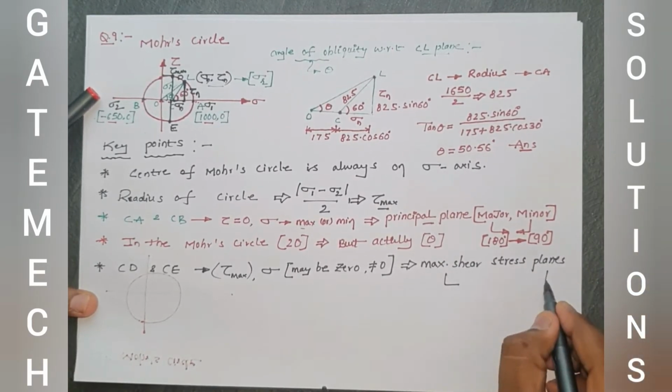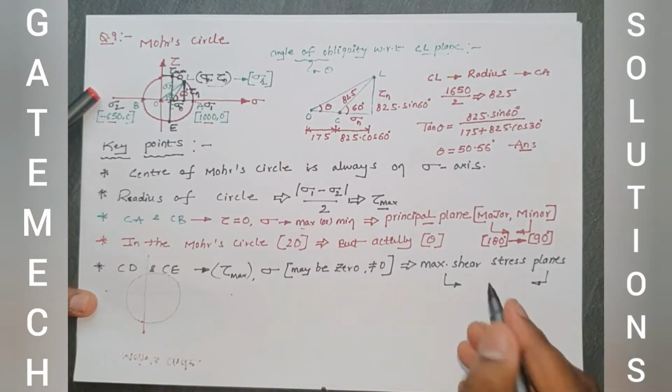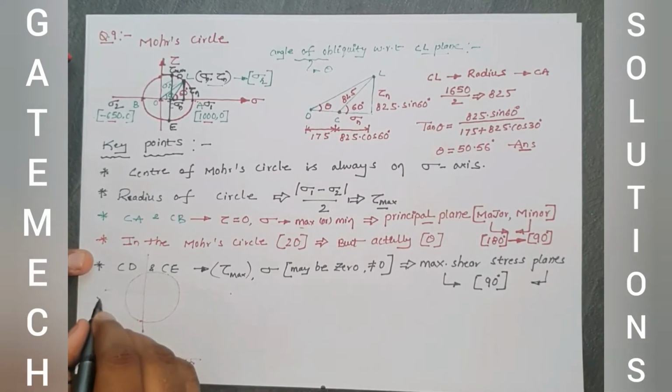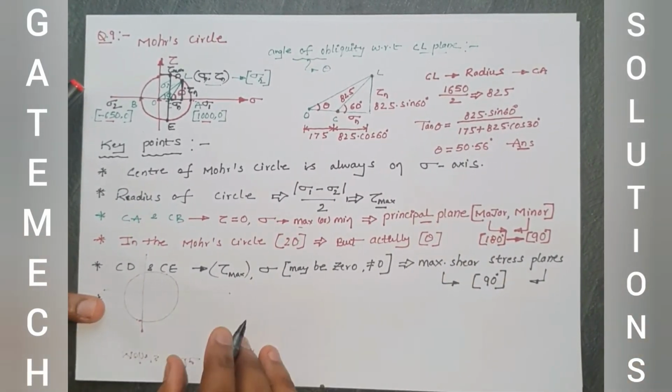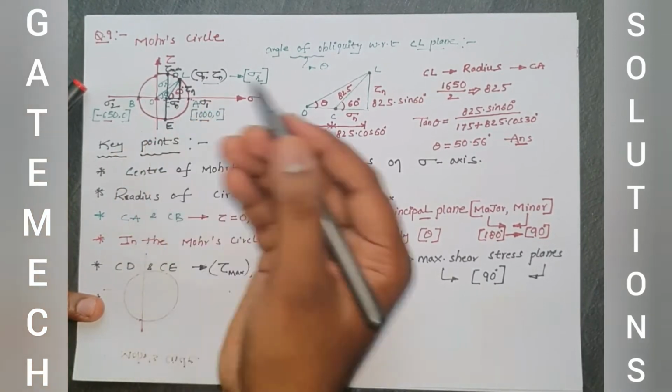There are two maximum shear stress planes. Those two are separated by 180 degrees in the Mohr circle, CD and CE, but in reality they are separated by 90 degrees, right? If you combine all these things, the principal plane and the shear stress plane are separated by 90 degrees in the Mohr circle, but in reality it will be 45 degrees.